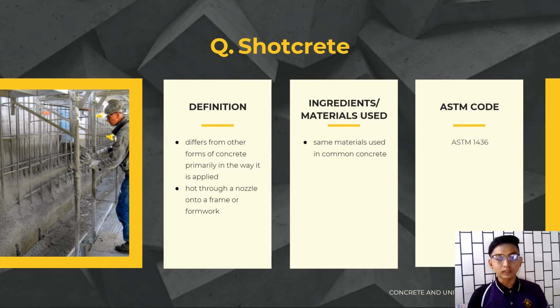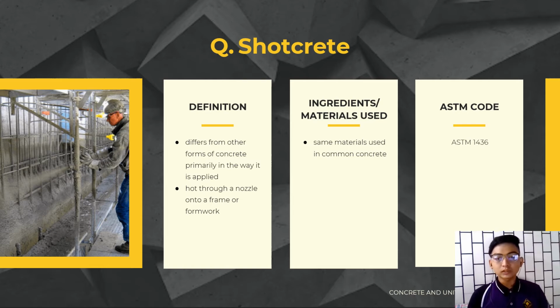So, next is shotcrete. Shotcrete differs from other forms of concrete primarily in the way it is applied. So, shot through a nozzle onto a frame or formwork. So, pinagkaiba lang niya, no? Gumagamit siya ng air pressure, no? So, kung karaniwan ng ginagamit lang natin is parang shovel tapos ihahagis natin sa pader. Ngayon, gumagamit siya ng parang hose na with the air pressure para doon dumaloy yung concrete natin.